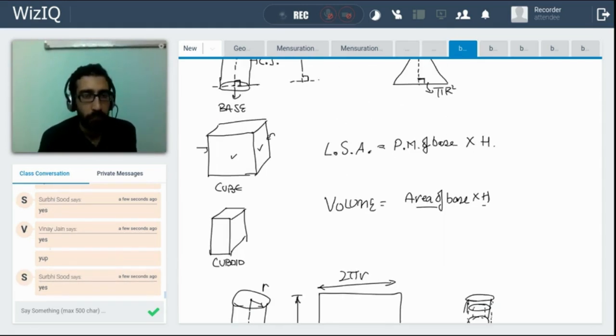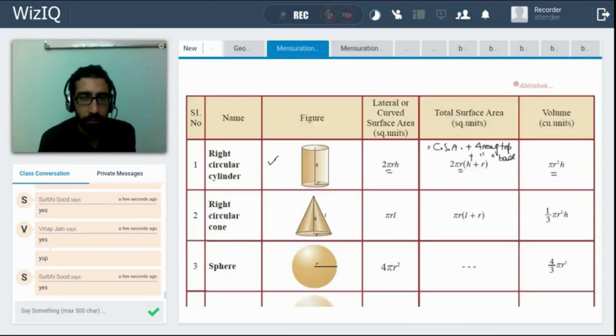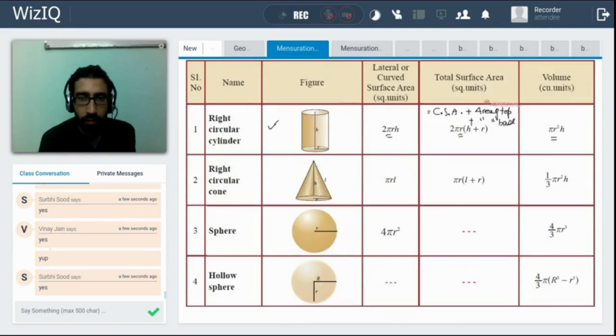Okay, very good, cool. So let's have a look at these formulae again. Curved surface area 2 pi r, circumference or perimeter of base into height, volume pi r square into h. Total surface area is lateral surface area plus area of base plus area of top.